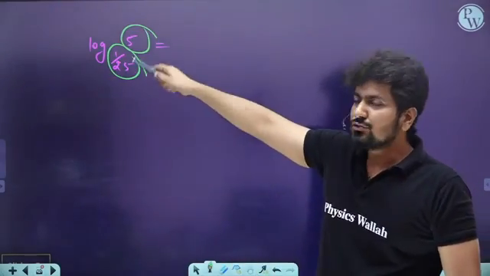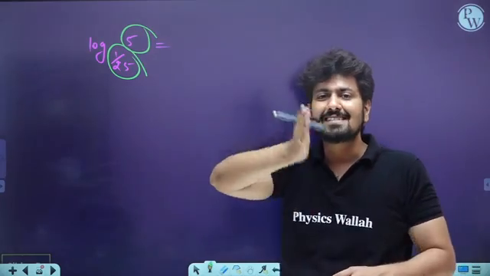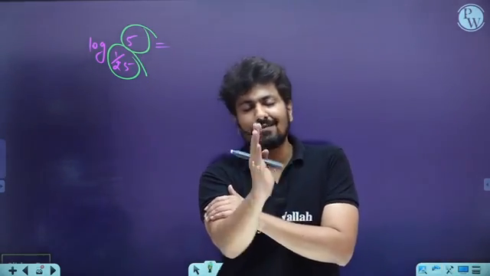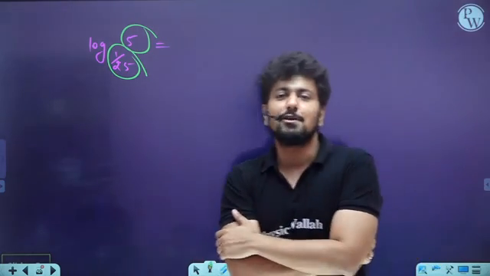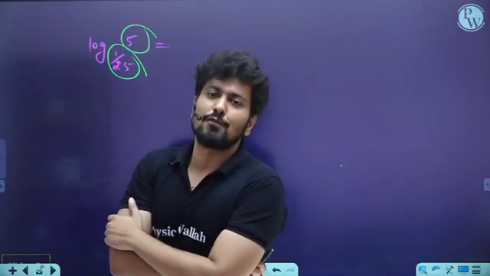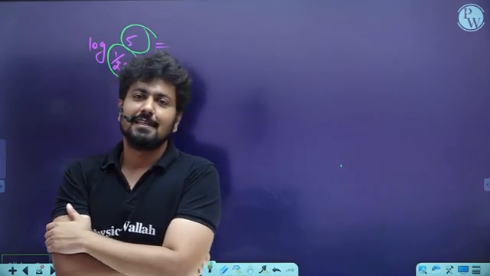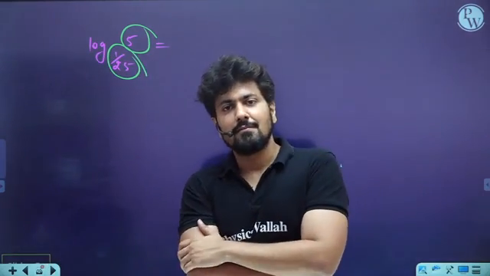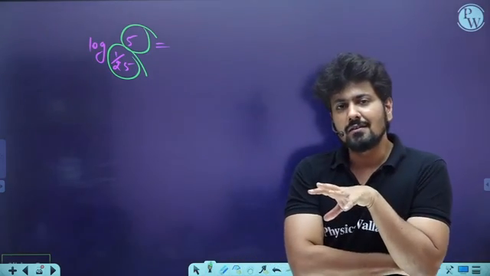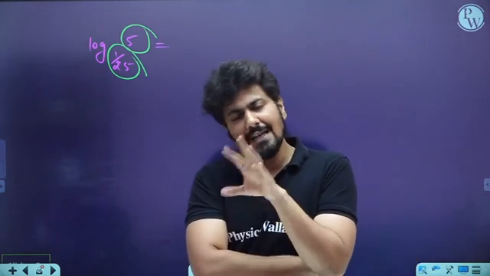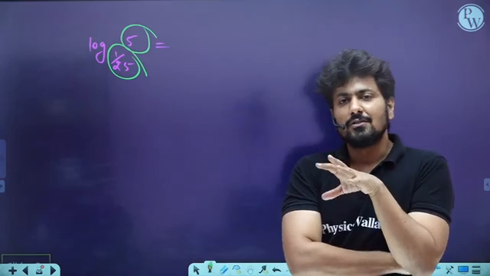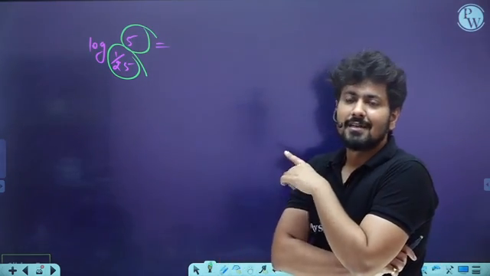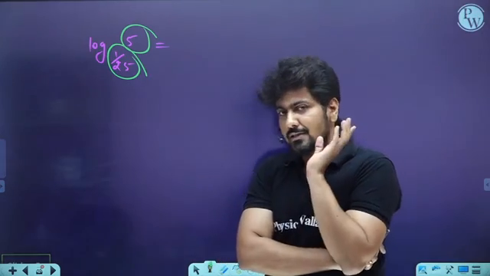So basically, if these two numbers are on opposite sides of unity, unity means 1, then the value of log is negative. If these numbers are on the same side of unity, basically if both of them are less than 1 or both of them are greater than 1, then the value of log is positive. So the value of log will be negative if they are on opposite sides of unity. Otherwise, the value of log will be positive.